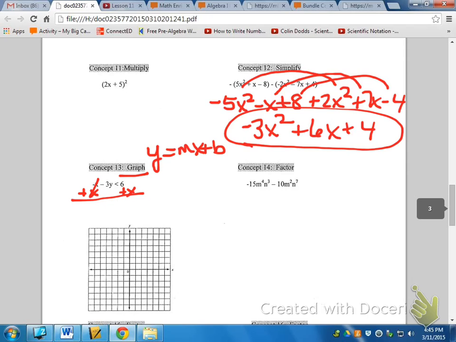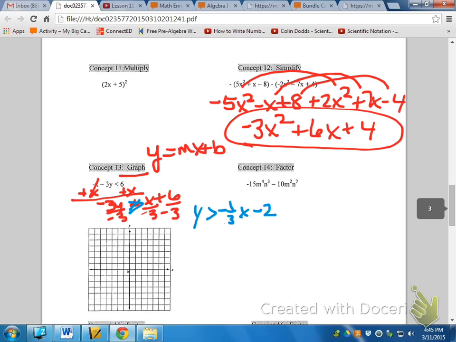That would result in negative 3y is less than x plus 6. Now I've got to divide every one of these by a negative 3. When I divide by a negative, that immediately turns around my inequality and it's going to become greater than. So I'm going to have y greater than negative 1/3 x minus 2.